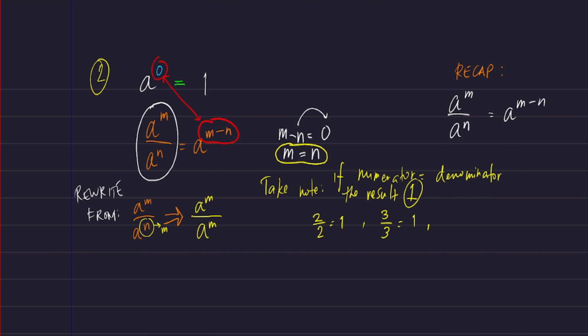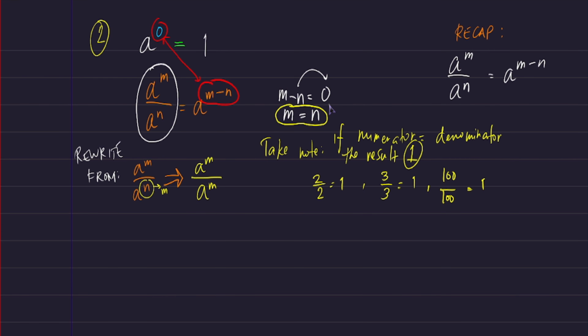Another is 100 divided by 100, this is also equal sa 1. So, cleared na. Alam na natin na meron tayong ganito. So, this expression here na A raised to M over A raised to M, since pareho sila ng numerator at denominator, we can consider this equal to 1. So, equal na siya sa 1.